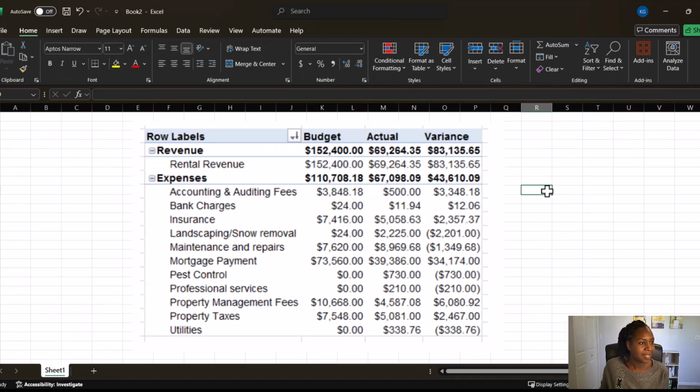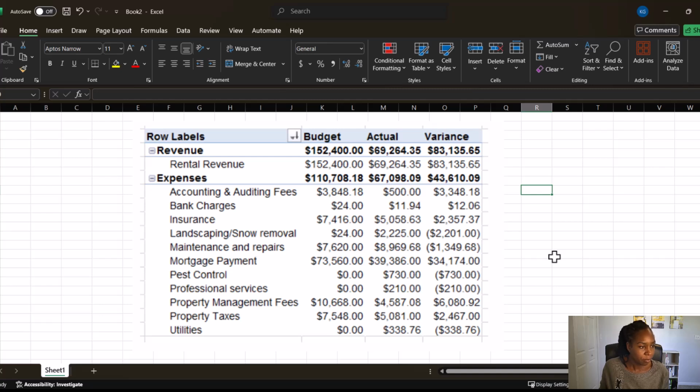Okay, and again, this is a fictitious profit and loss statement I just pulled off the internet, but the point is, you'll have your budget and then you'll have your actual. And if there are large variances between your budget and your actual, you need to look into it and understand why you have that variance.